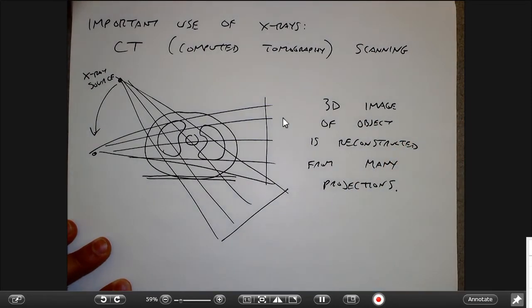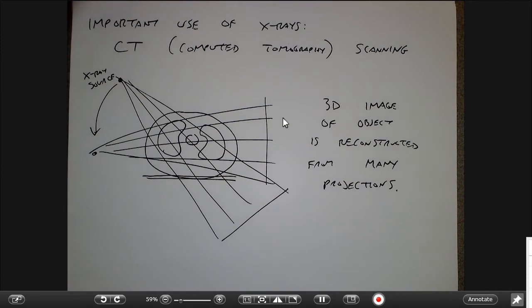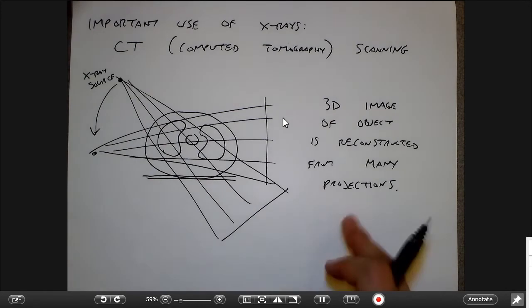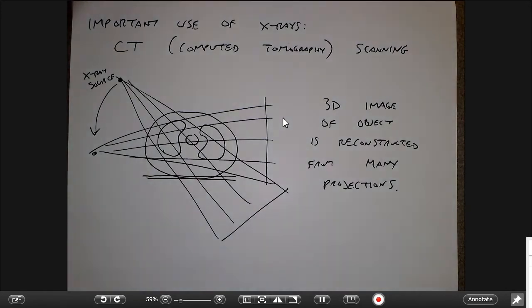And we're going to discuss that process in some detail probably later in the spring, March or April. So this process is probably the most mathematically intense chunk of the class, but it is interesting to think about how you would do it. The intuition is, if you saw enough projections, it seems like there should be more than enough information there to get at what's inside. So we'll talk about exactly how that process works.